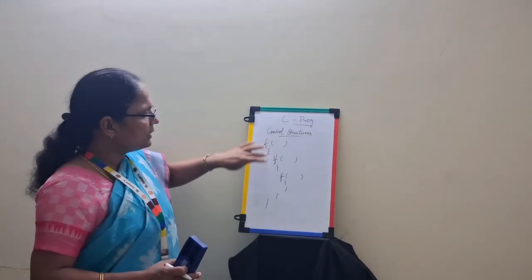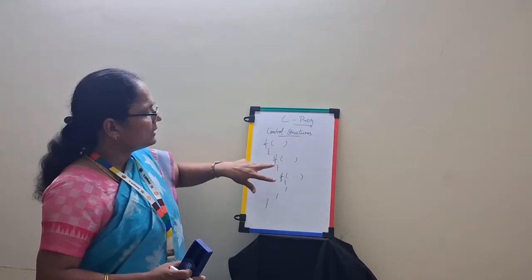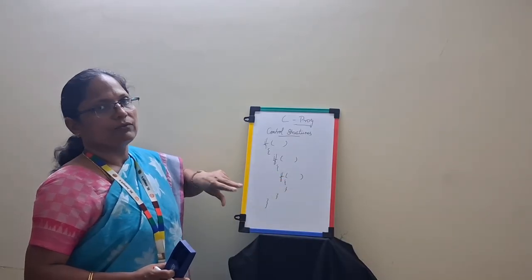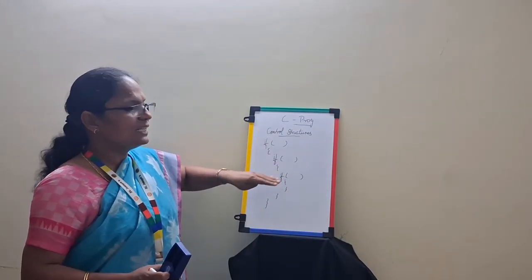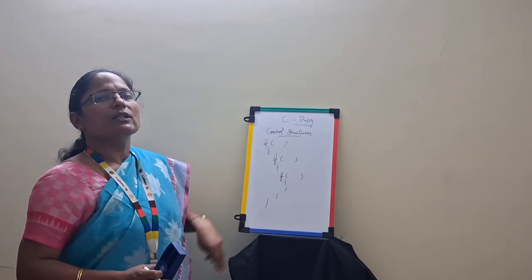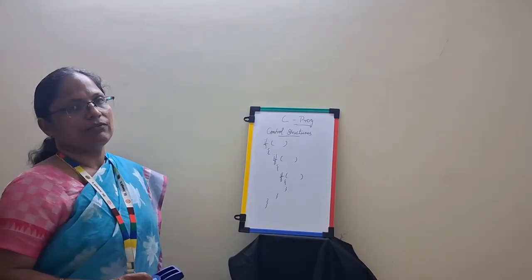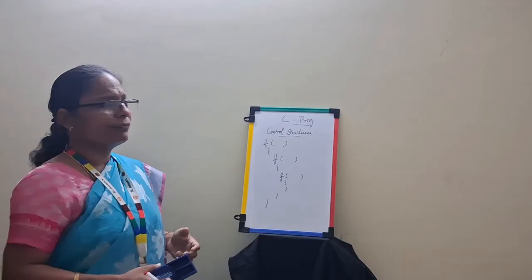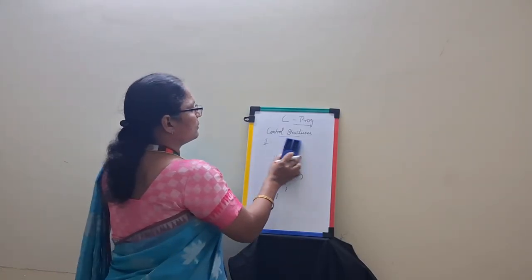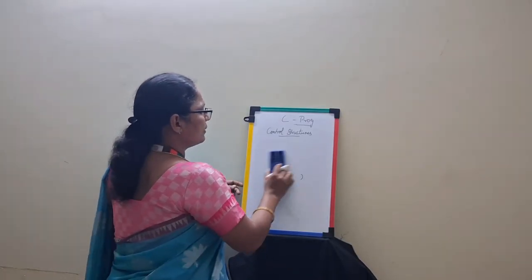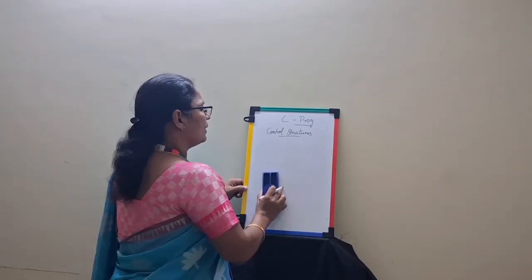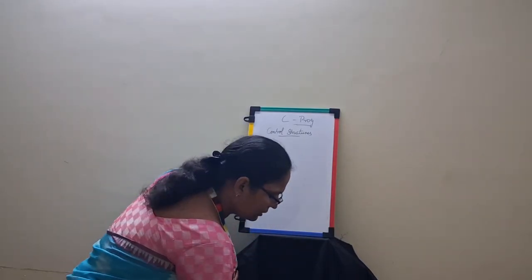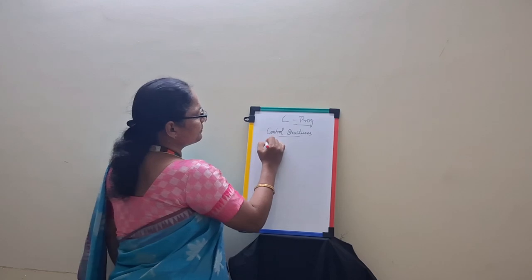The main if only closes over here. Within that we have a sub if, and within that another sub if. So this is one nested inside the other, and we call this nested if. Similarly we have nested else also, with the same concept. Now let us see another control structure called while.